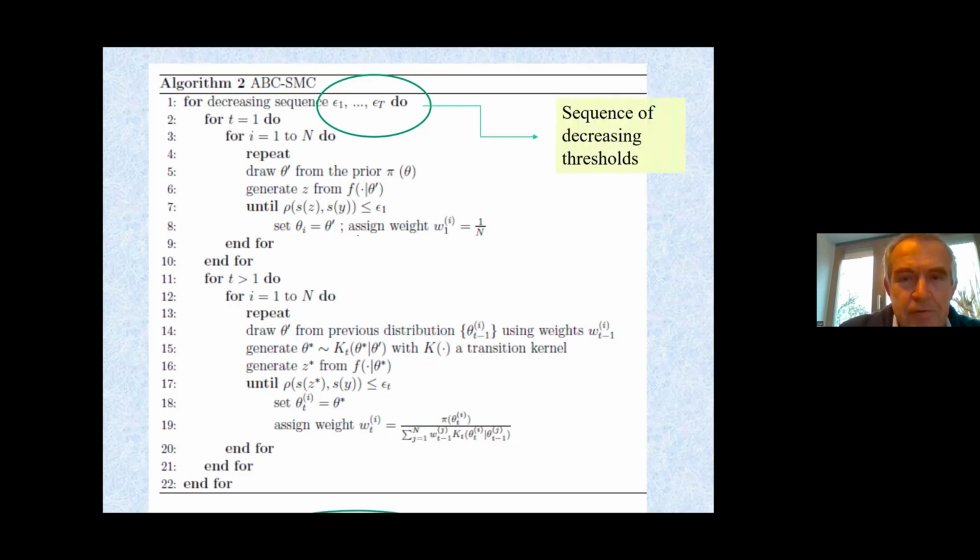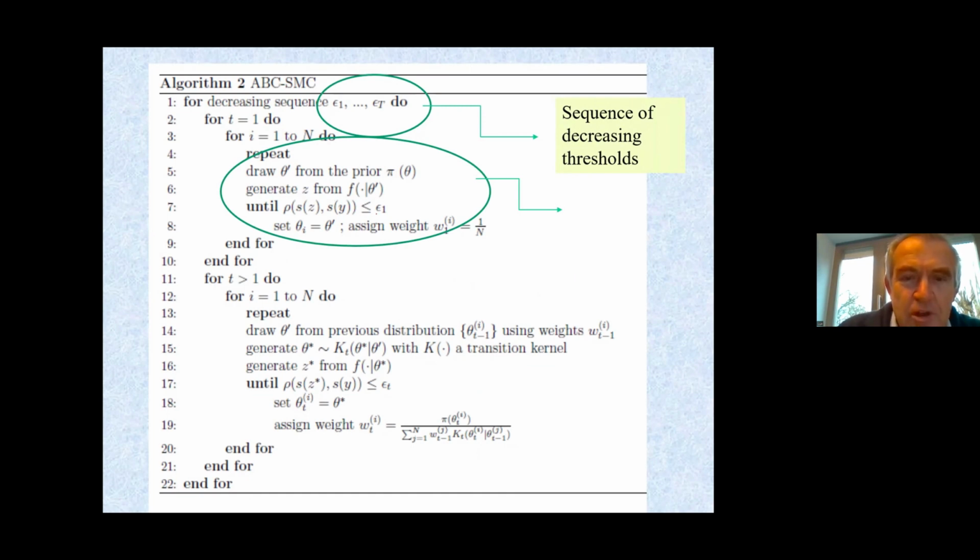Then in the first step, you would do the same as in the naive approach. You draw particles, in the sense of sets of parameters, from the prior. You generate simulated data. You compute the difference between the moments of the simulated data and the empirical data.